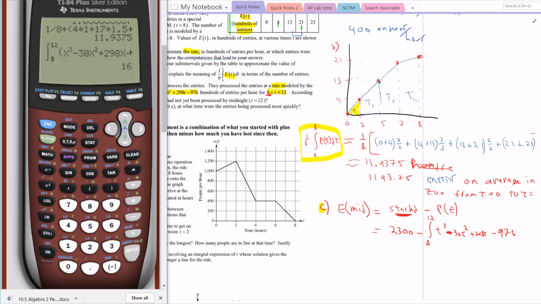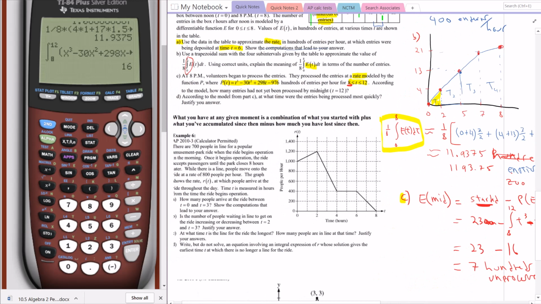And we get 16. So really, I guess what I should have done here is just put 23. So it's going to be 2300 minus 1600, and that's going to give us a total of 700 entries that remain, or are unprocessed.